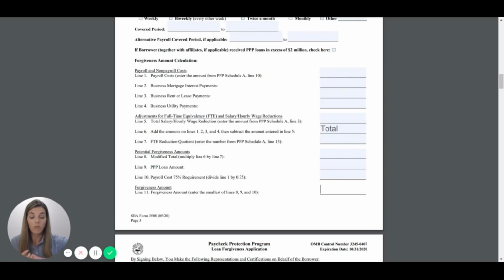So that will be helpful for you. And just go ahead and start keeping those in either a physical folder or a digital folder so that you can hold on to those when it's time to actually submit for forgiveness. You have basically a piece of evidence for every single item that you have claimed.